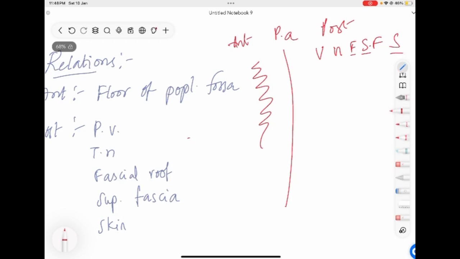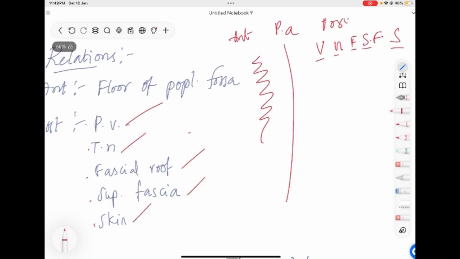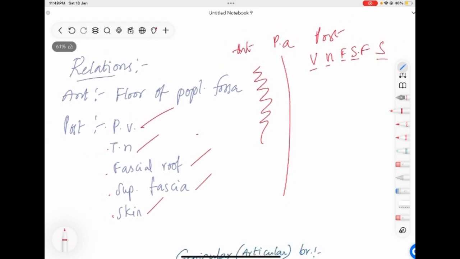So we have five things related on the posterior side. So these are the relations of the popliteal artery.